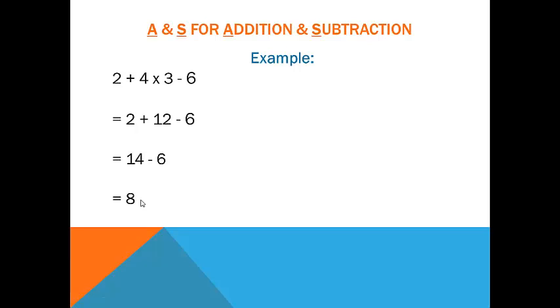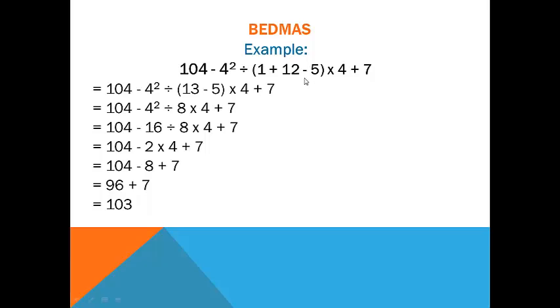So let's see if we can do a more tricky example. So I have this equation here, 104 minus 4 squared divided by (1 plus 12 minus 5) times 4 plus 7. So now we're going to look through this equation for first brackets.